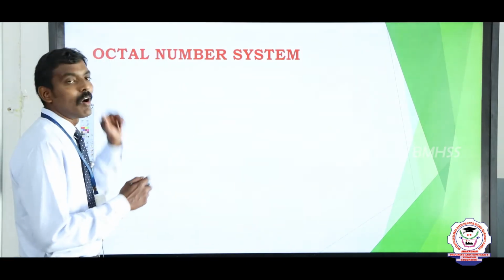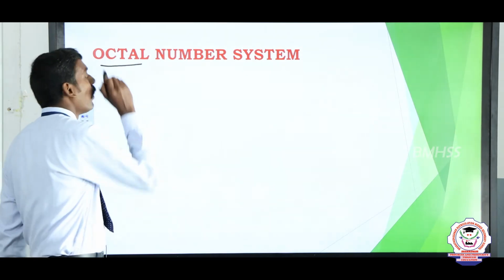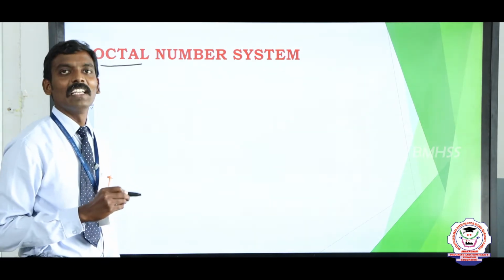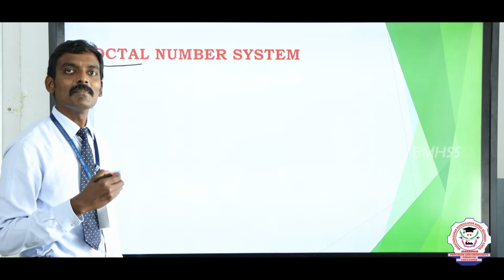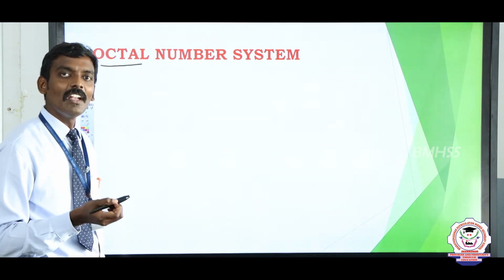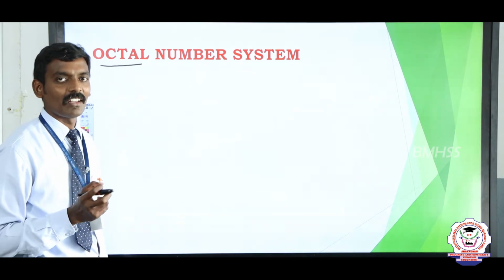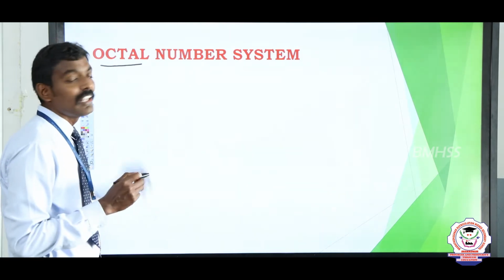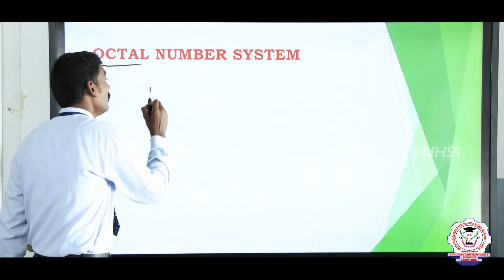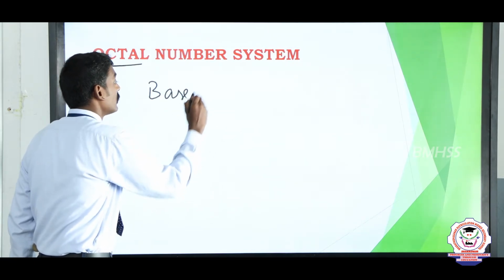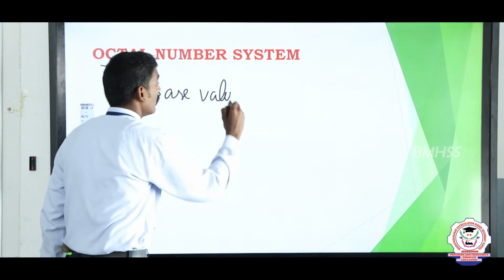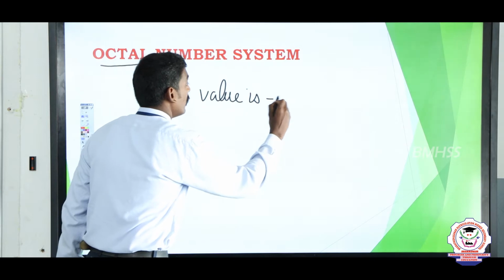Okay. What is an octal number system? The octal number system is one of the number system types which is used in physics instruments, that is AND gate, OR gate and NOT gate. And the octal number system base value is 8.